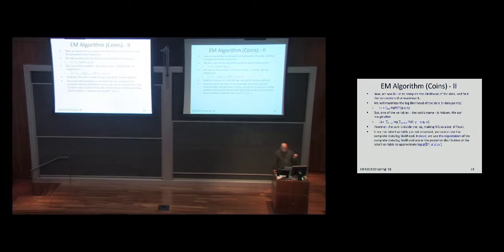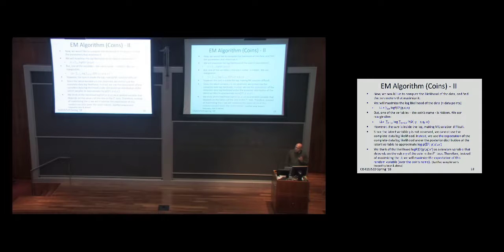So here is what we're going to do, and this is why it's called expectation maximization. Since the latent variable y is not observed, I can't really use the complete data log likelihood. I cannot do it exactly. Instead, I'm going to use the expectation of this log likelihood, expectation under the posterior distribution, P1i, as a way to approximate this log probability.